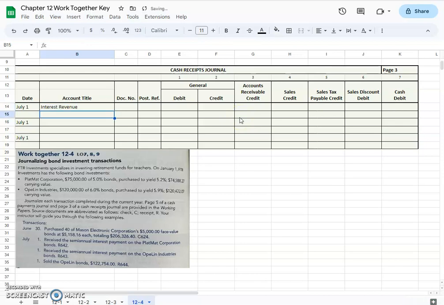And how much are we going to receive? Well, we're going to have to calculate that.